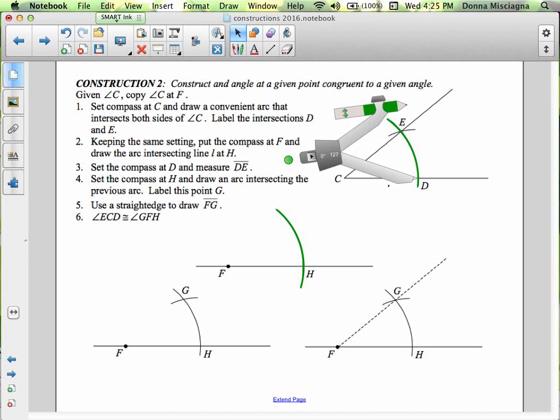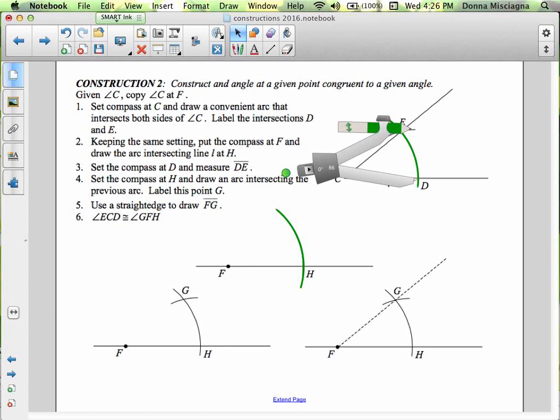Then we take our compass, put the point on one side of our angle, one of the arms of the angle, and then we want to open it up so it matches our angle. And that is not matching.